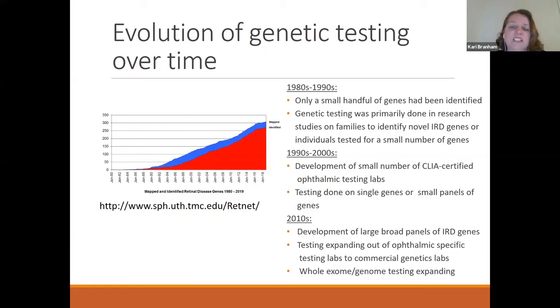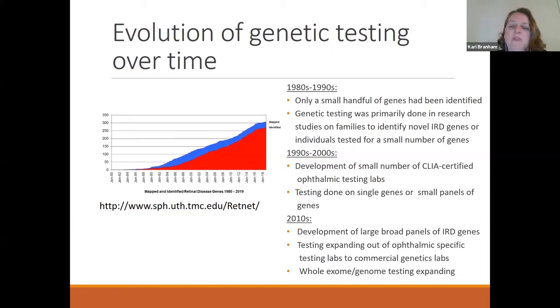Testing was either done on single genes at this time or often small panels of genes. Again, the number of genes that have been found has been increasing greatly over time.